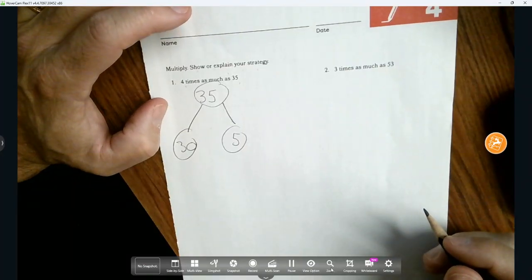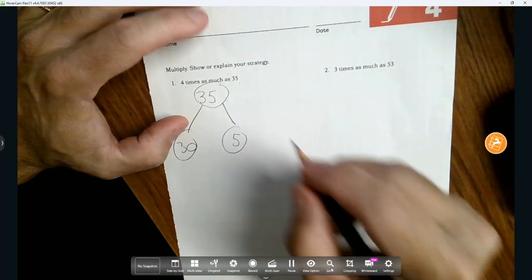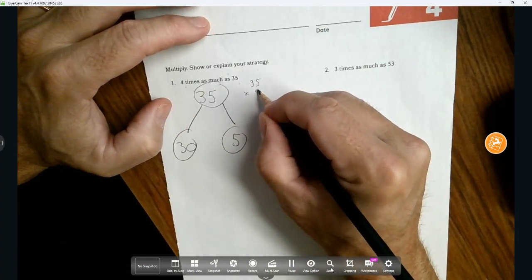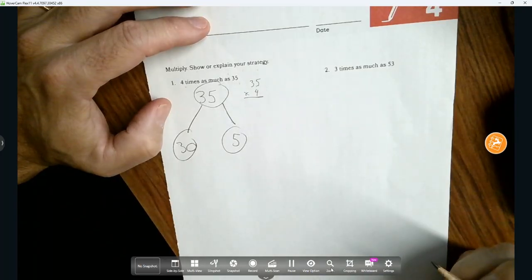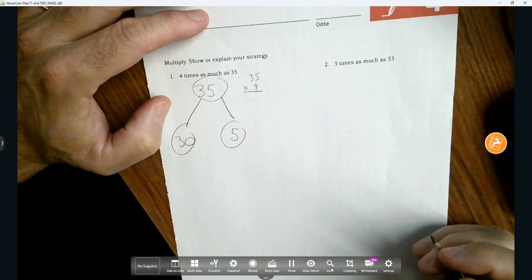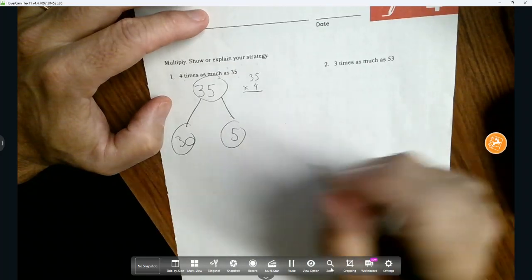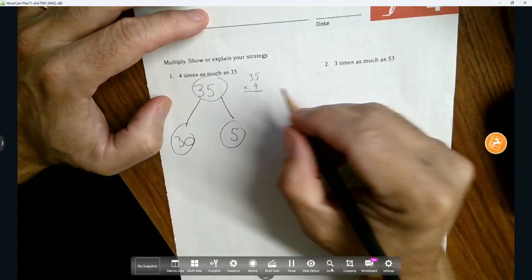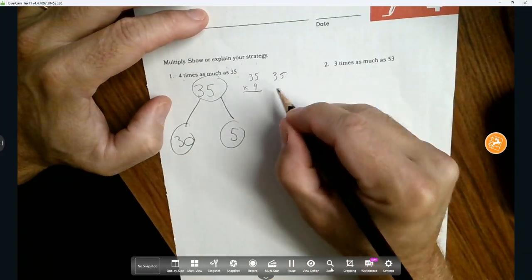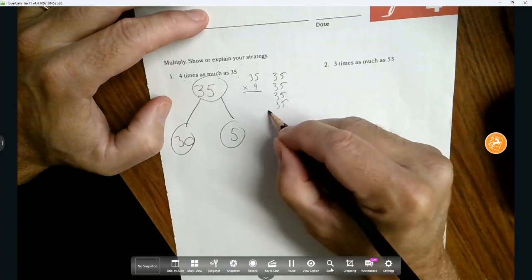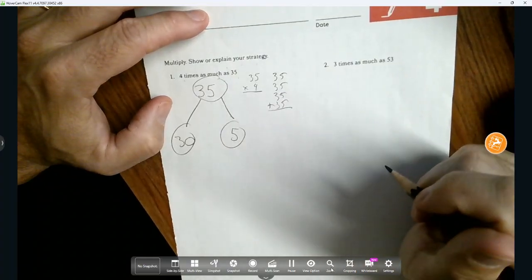If you can do 4 times 35, the standard algorithm, knock it out. If you can't, I'm showing a couple different options. You could always do 35, 35, 35, 35. Add those up and get the answer.